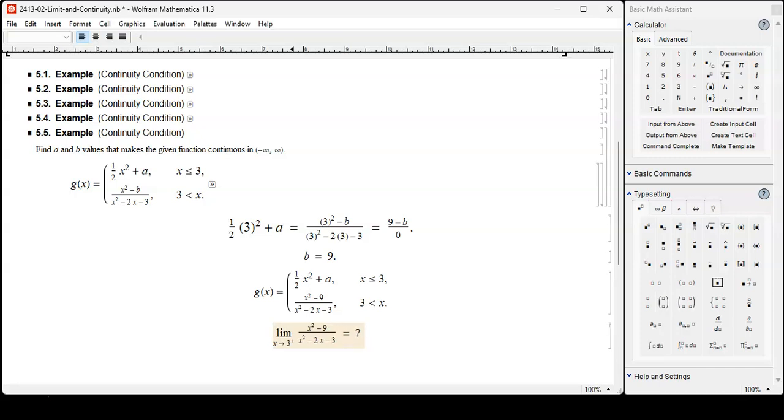If you do this computation, and that value versus the first line, well, that's going to give you an equation.